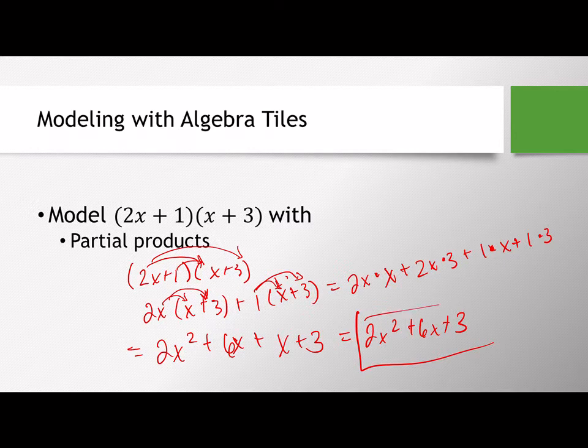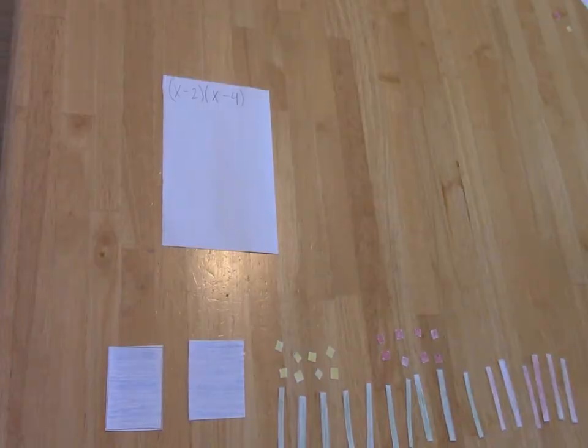We're going to model this with algebra tiles: x minus 2 times x minus 4. In this problem, we're modeling the quantity x minus 2 times the quantity x minus 4.